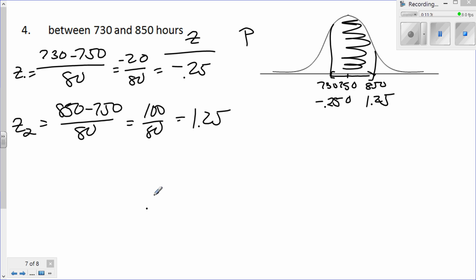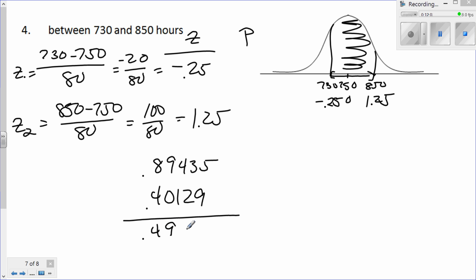Write that down here. And then I'll look up a z of positive 1.25, and that gives me 0.89435. I'll take the difference of those two areas, which is the probability of being between those two cutoff values. And that gives me just under 50%, 0.49306. That's the probability of being in this interval.